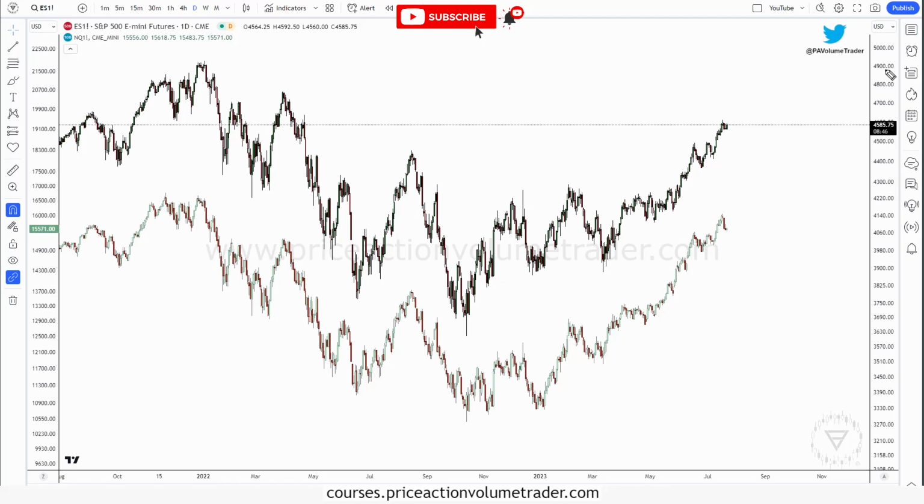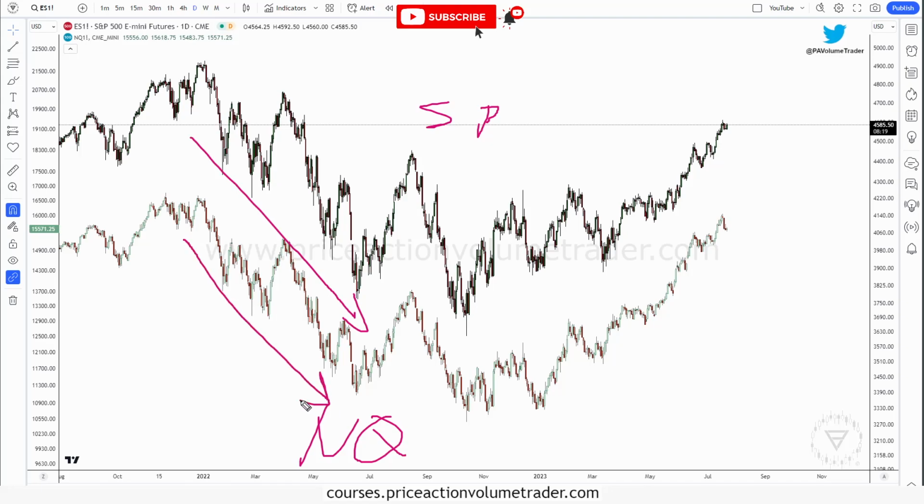So first example, here we have the futures market on the CME. We have the S&P 500 on top, and we have the NASDAQ or the NQ on the bottom. As you can see, these are 2 very highly correlated markets where you can see in periods where the S&P is on a downtrend, the NASDAQ is usually behaving the same.